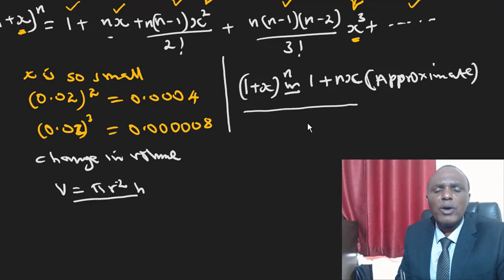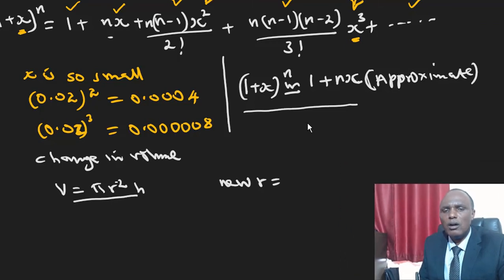Now when we reduce the radius by 3%, the new radius is 0.97 of the old radius r, and our new height, increased by 2%, is 1.02 multiplied by the old height h.